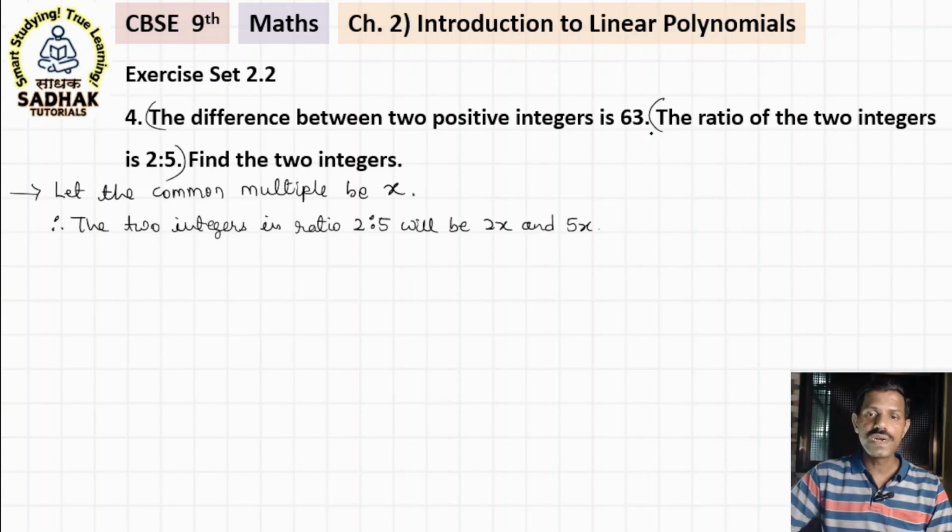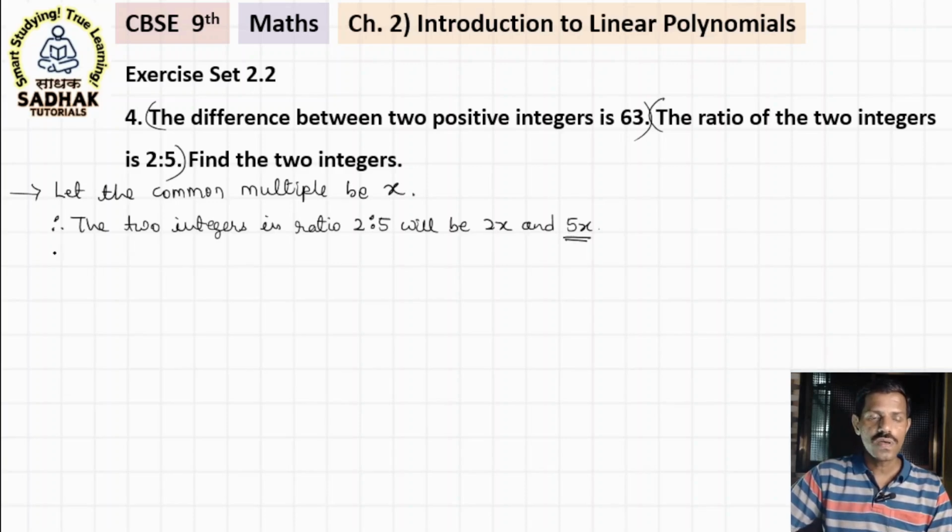Now we will use the condition given in the first sentence. The difference between two positive integers is 63. Okay, so when we are subtracting the smaller integer from the greater integer, we will get 63. Okay, so out of 2x and 5x, which will be the greater one? 5x will be the greater one.